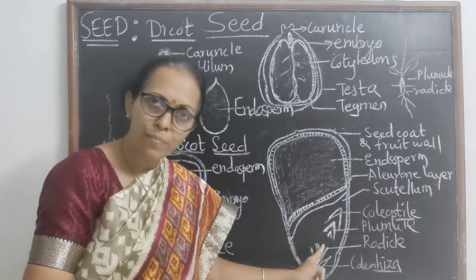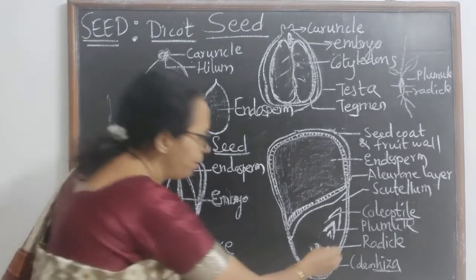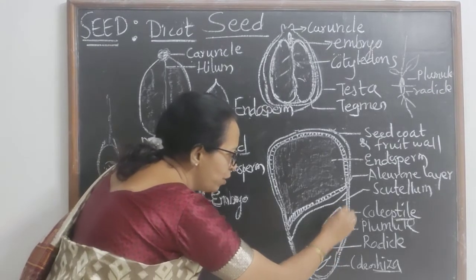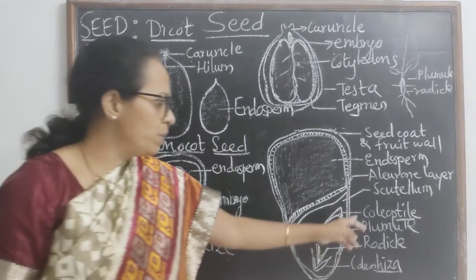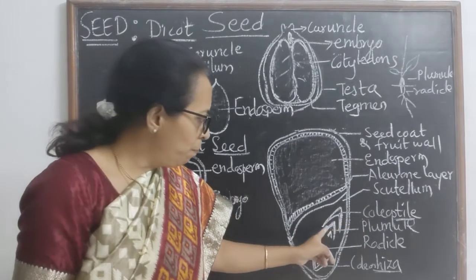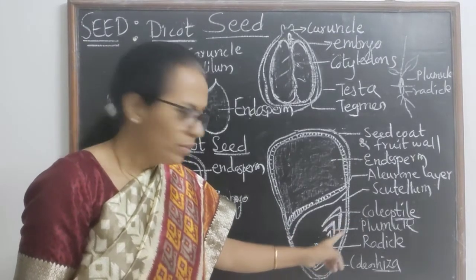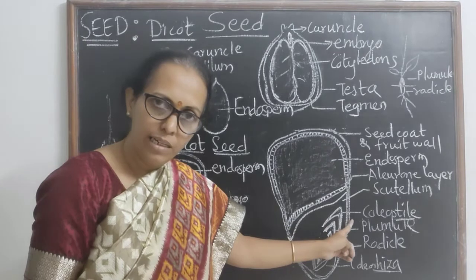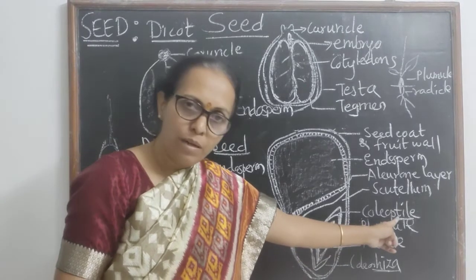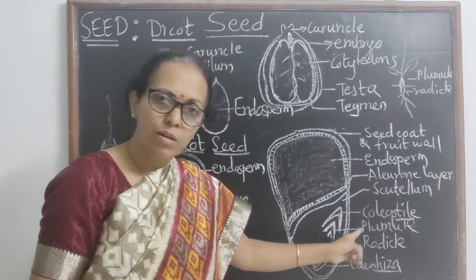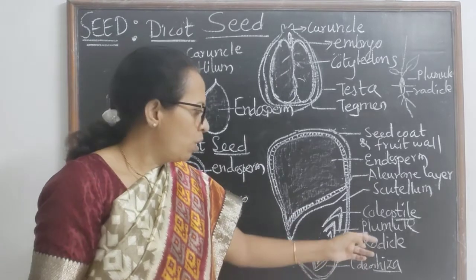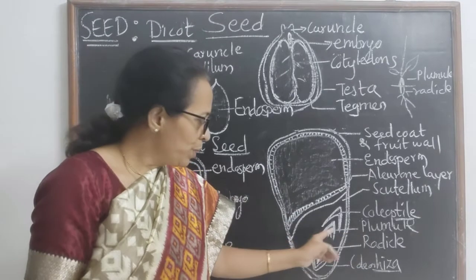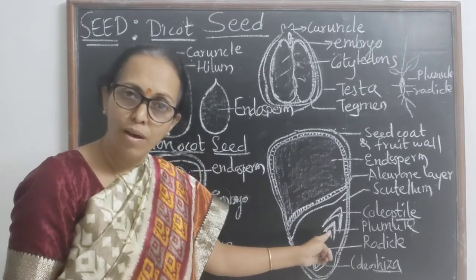Here, the cap-like protective structure which you are observing on the plumule is the coleoptile, the protective layer on the plumule from which the shoot system is going to develop.